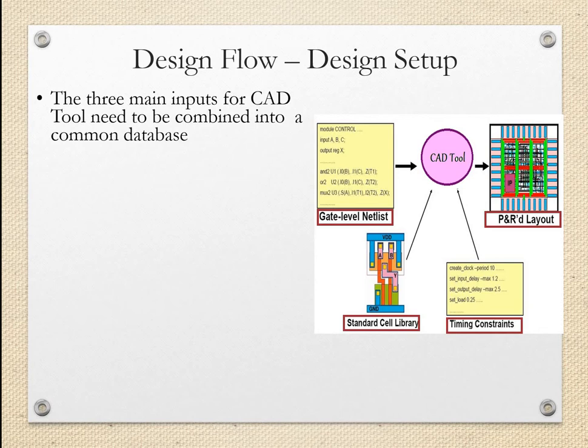In these inputs of the CAD tool, a standard cell library contains a group of transistor or interconnect structures that provide a Boolean logic function. For example, AND, OR, XOR, XNOR, inverters, or storage functions like flip-flops or latches.